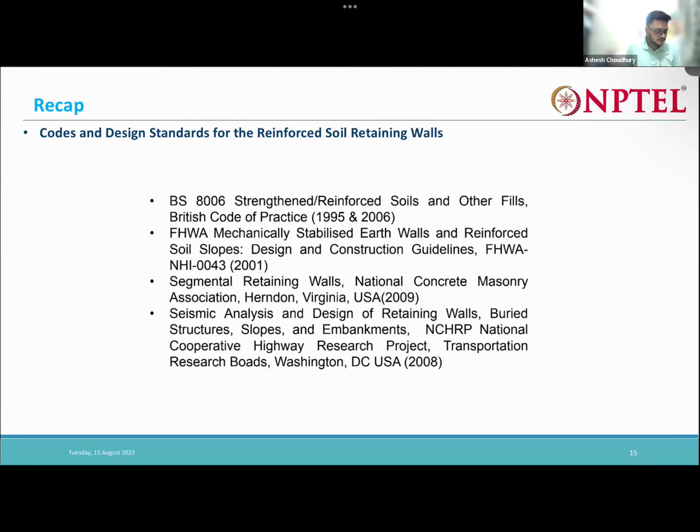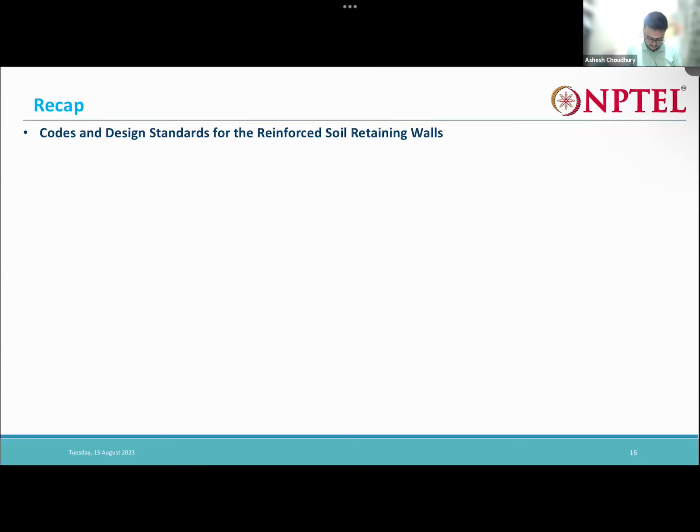The two main codes used are BS 8006 and the Federal Highway Administration FHWA NHI-00-043. These two are the main basic codes used for this construction.